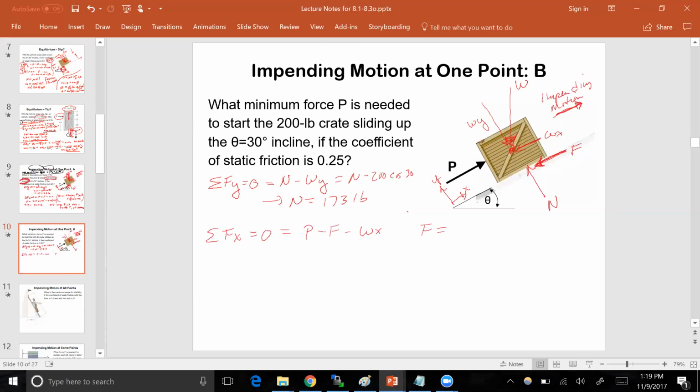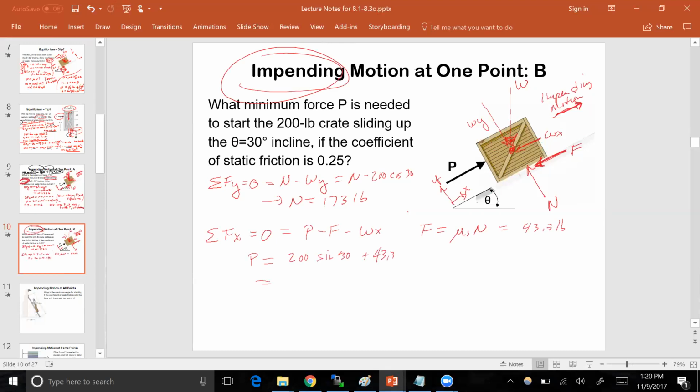And again, impending motion means we're at the limit of the friction force. The friction force is at its limit at μs times N. And again, that's 43.3 pounds that we're getting of, in this case, resistance we have to overcome. So P is going to equal 200 times the sine of 30 plus 43.3.